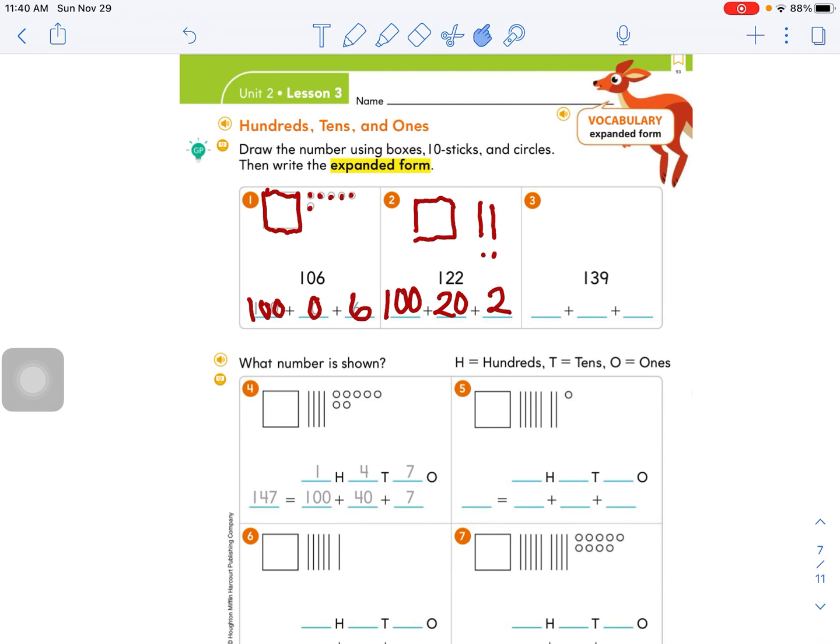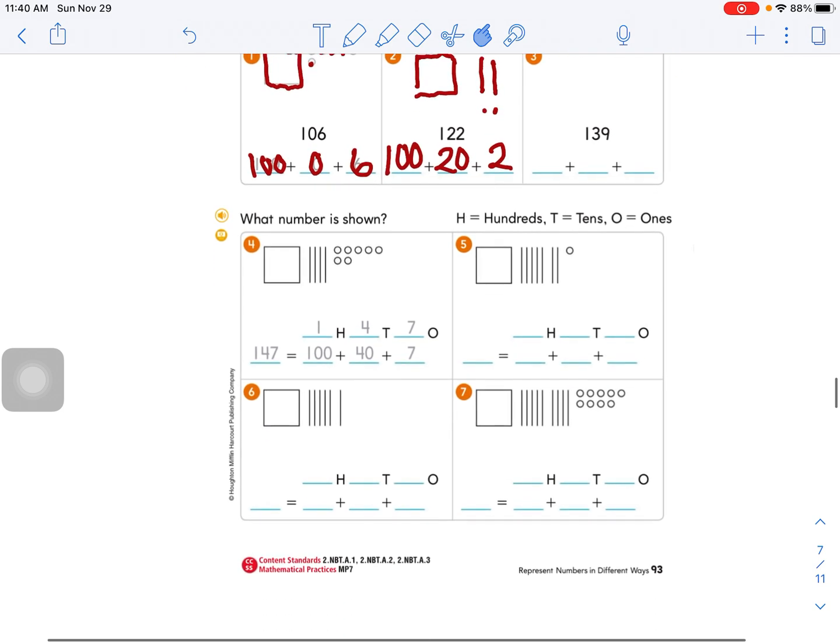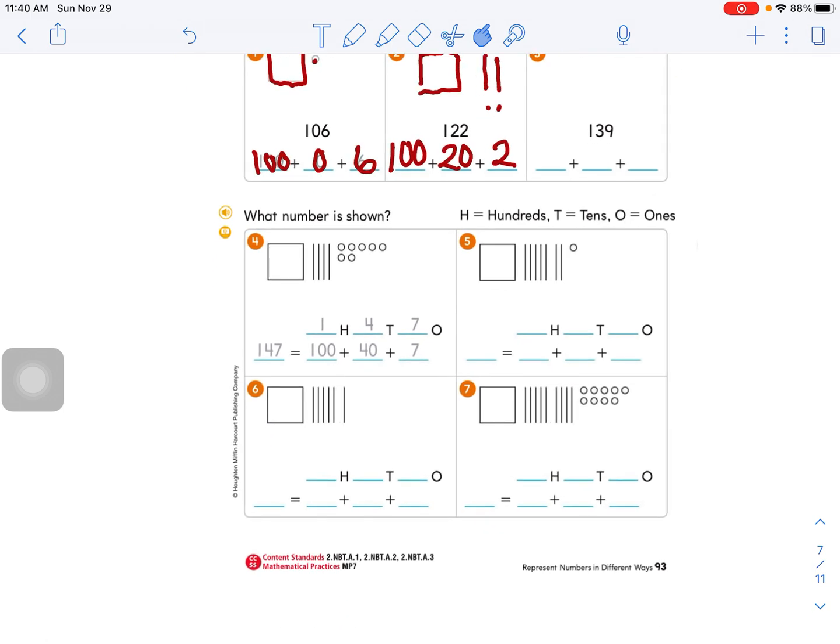And if you look down below, you just have more of those types of questions where instead of you finding out the numeric and writing it in your proof picture or expanded form, they've actually just given you the proof picture and then you have to represent it. So when you look at this one here by number 4, it says what number to show, and it's got a 100, 4 tens, and I can see 5 ones on top and 2 more.